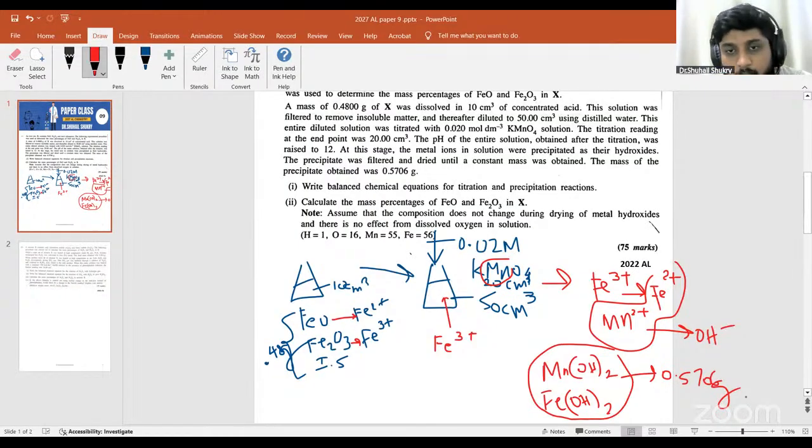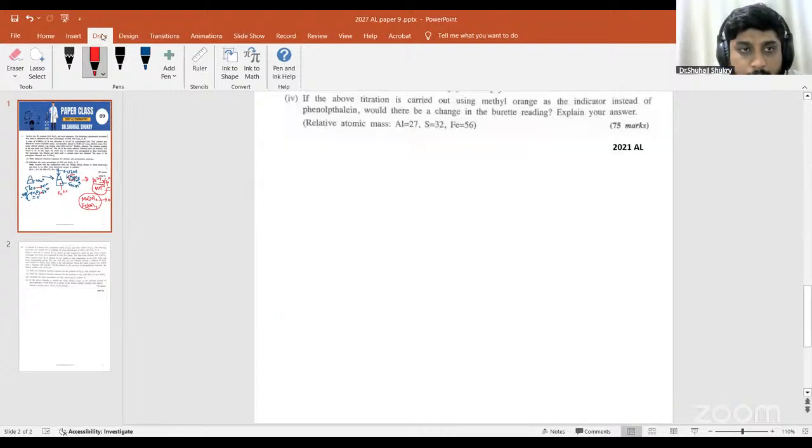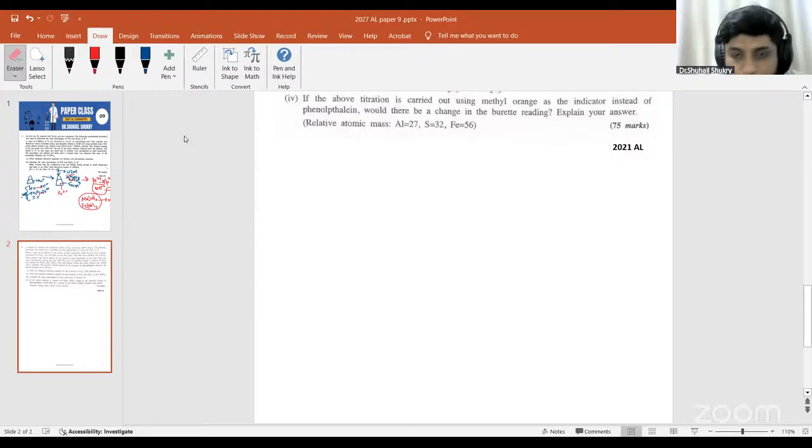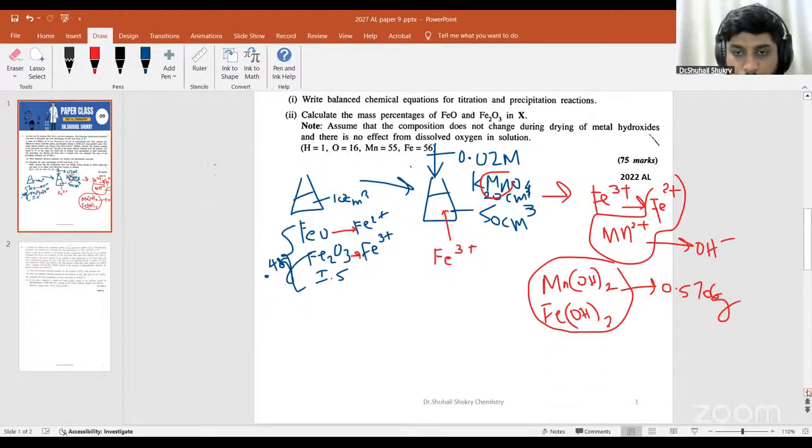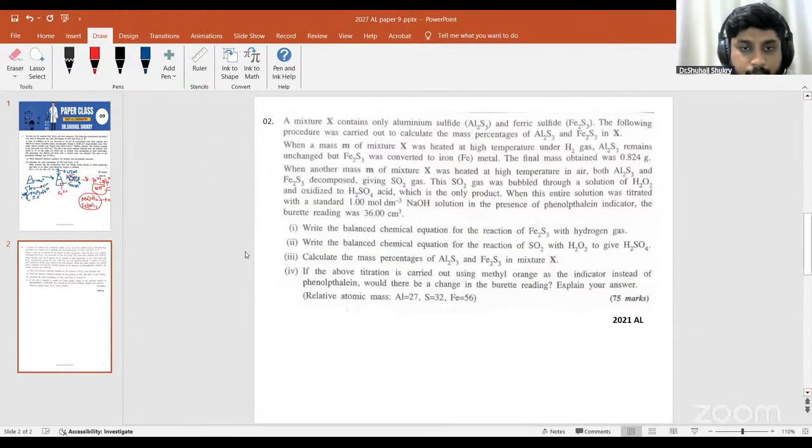Right. The first question is: write the balanced chemical equation for titration and precipitation reactions. Okay. So if you write the balanced reaction for this part, we can write like this.